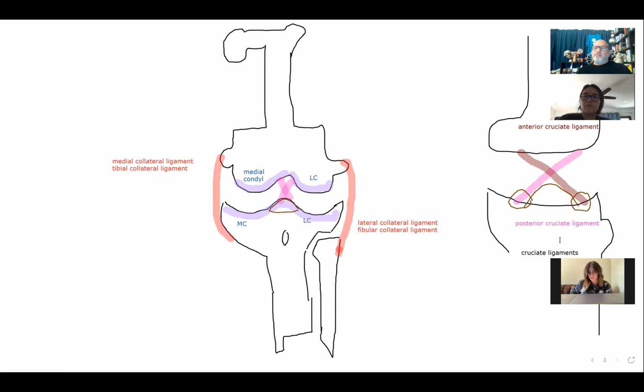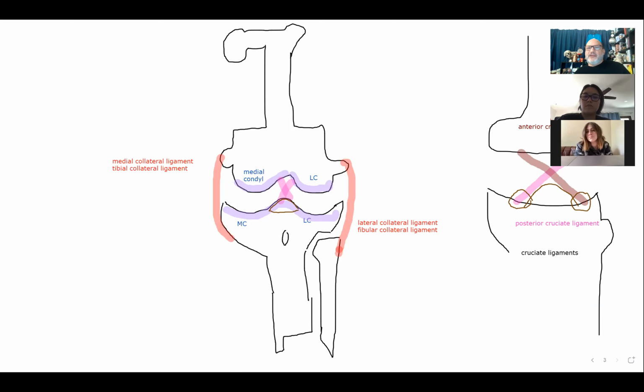These play a very important role in helping to stabilize the knee. Think about the knee as the knee were to move. If we were to flex the knee, bend the knee downwards, notice as a result of that, this point would get closer to that point.